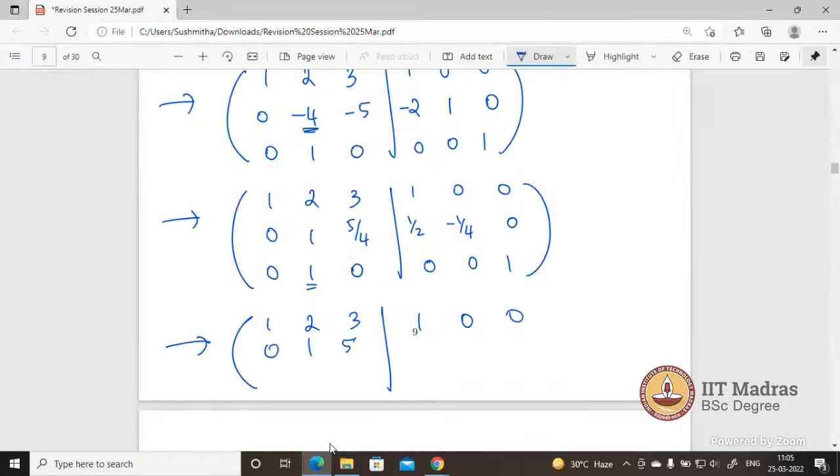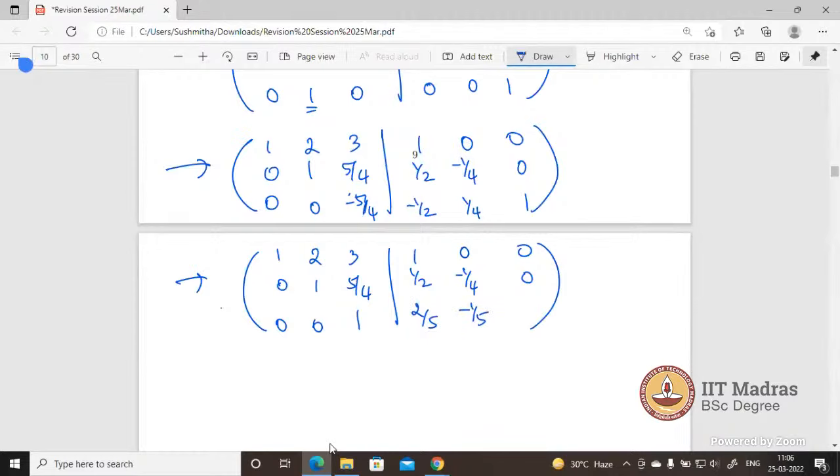I'll multiply the third row by minus 4 by 5. So 2 by 5, minus 1 by 5, minus 4.